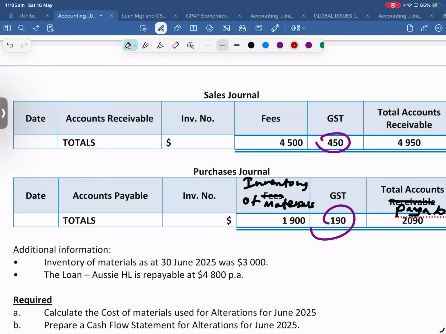The cash payments that haven't resulted in expenses. So that's just like your payments, your outflows. Yes, your payments to accounts payable? No. GST settlement. Yes, any GST things.